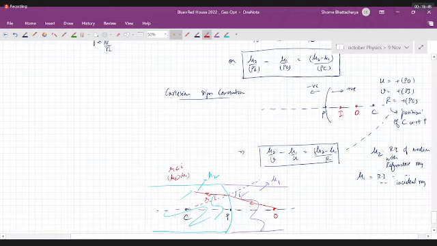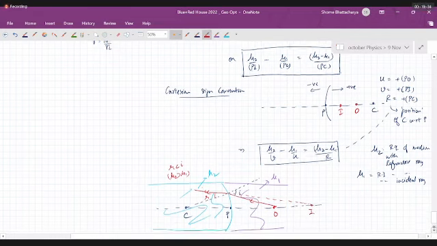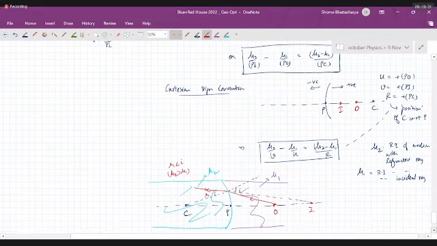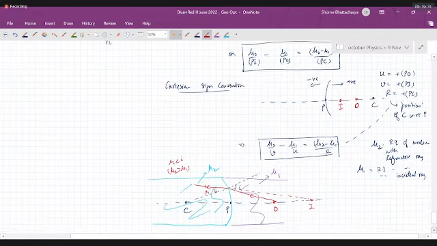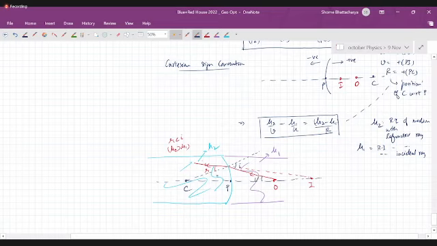So then the refracted ray has to be produced back. Meet the principal axis somewhere over here. So this will become the image. So again, we use the same sort of method that this is alpha, this is beta.